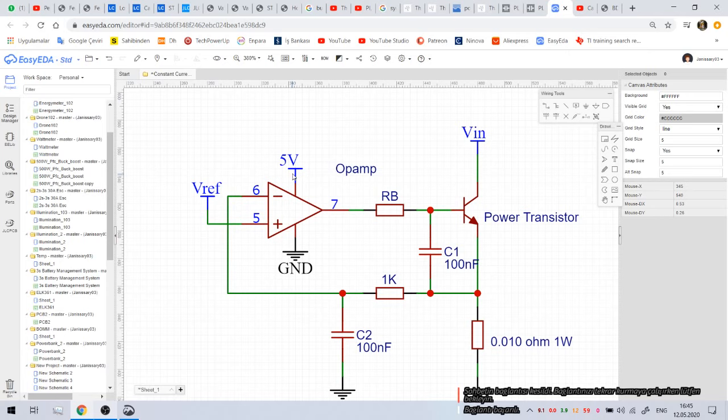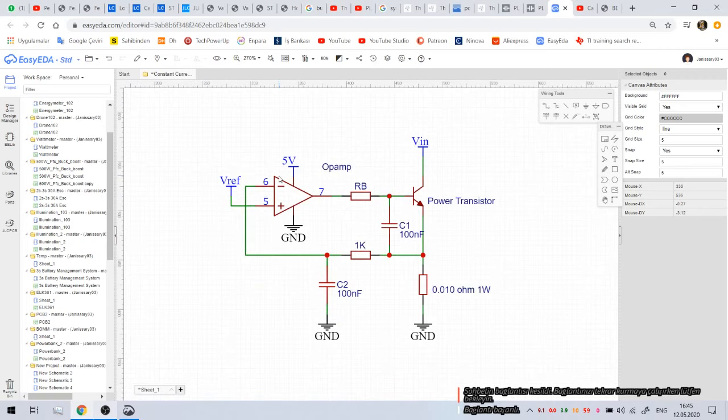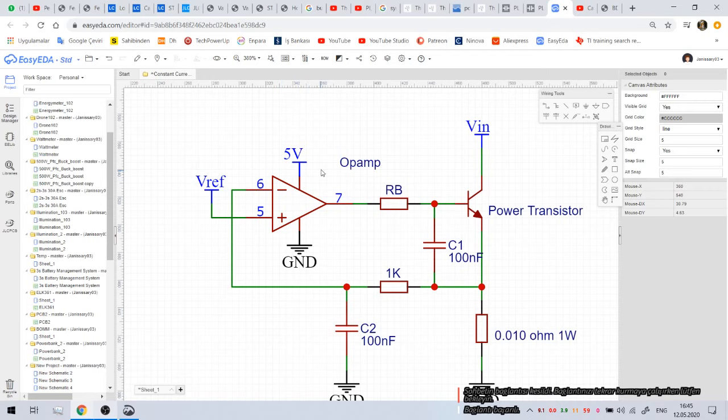We cannot use a higher range, and I want to use a higher range. So I want to add another 5-volt rail to the system. Maybe we can use some old phone charger, or maybe USB to add this.